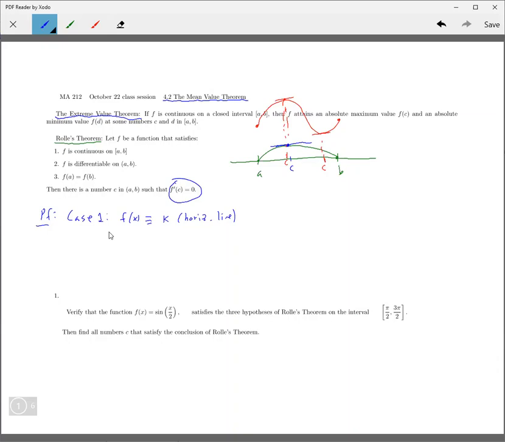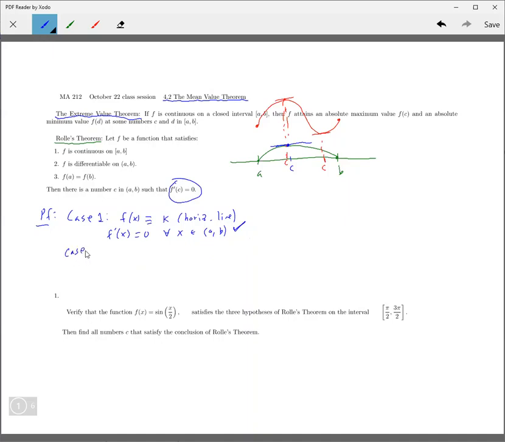And in that case, the derivative is 0 for all x in the interval from a to b. So we're done, because we found at least one value. Just take the midpoint. The derivative is 0 at the midpoint, so c can be the midpoint, and there you go, you're done. Okay, so check mark, done.